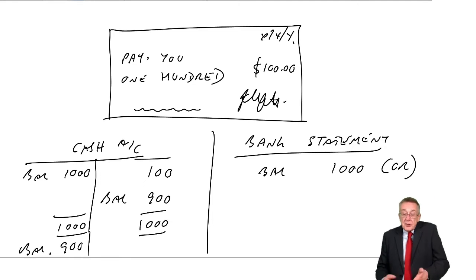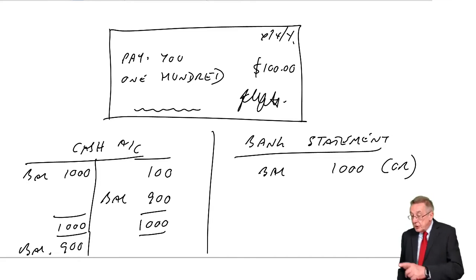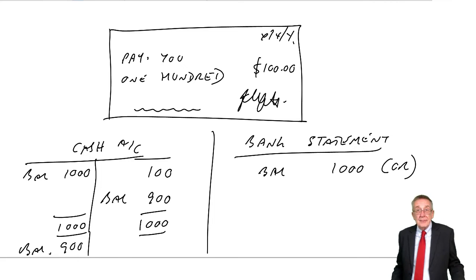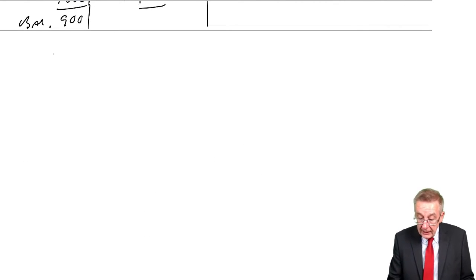And if tomorrow happens to be the end of my year, and I say, right, I've got 900, let's check, the bank statement still shows 1,000 because of this cheque in the post. Well, that's what unpresented cheques are.